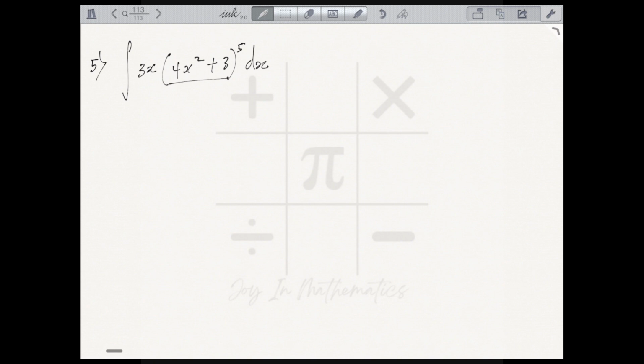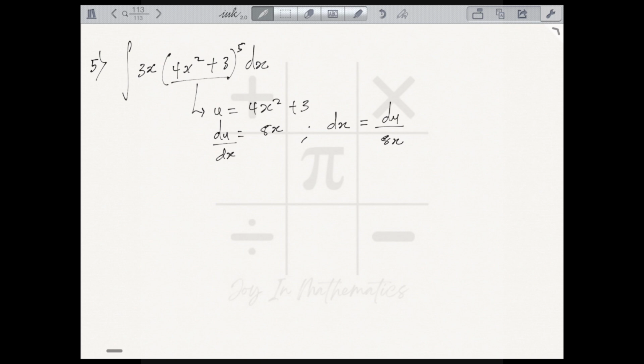It will become so lengthy. Therefore, we can make a substitution of u to be equal to 4x squared plus 3. Therefore, du dx will give us 8x. And our dx, making dx the subject of the formula, we have it to be du divided by 8x.